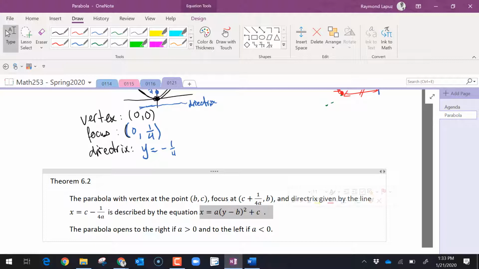Just by looking at the form of your parabola, you probably call it vertex form if you've seen it before. What kind of algebra do you think you need to get it into that form? Completing the square. Remember how to complete the square?